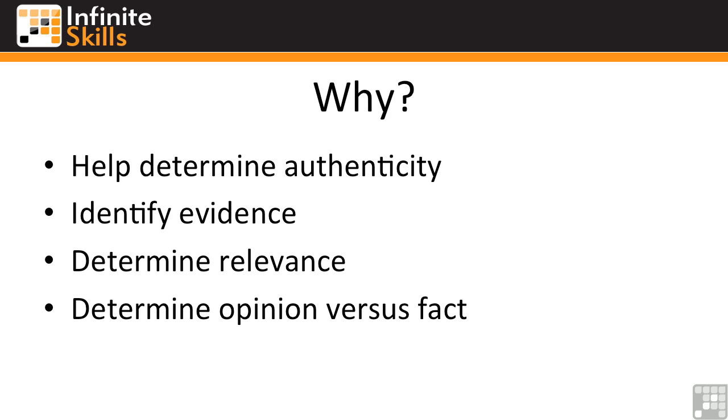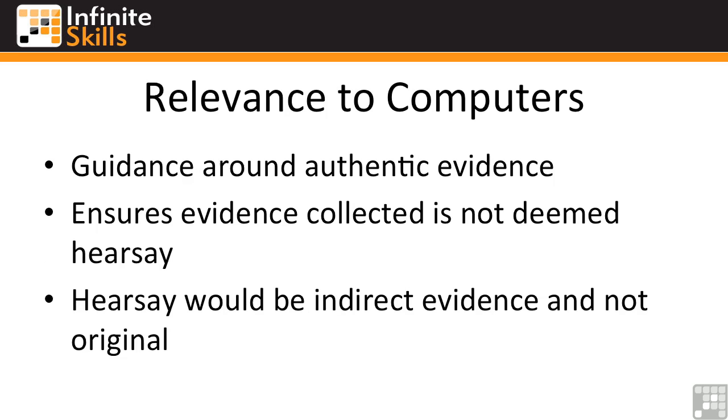The rules of evidence are there to help determine which of your statements are opinions and which are factual in basis and foundation. So that's what the federal rules of evidence are there to do, is to help determine the authenticity, make sure that we understand what the evidence is and whether it's relevant, and also help determine what's opinion and what's fact.